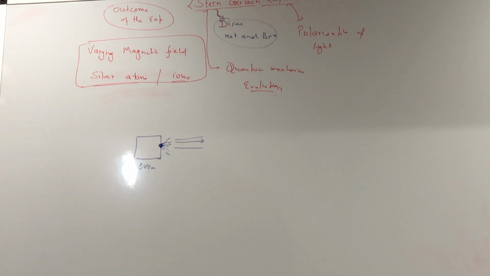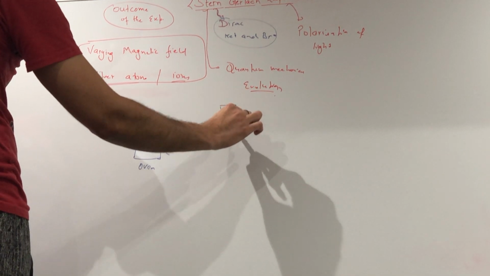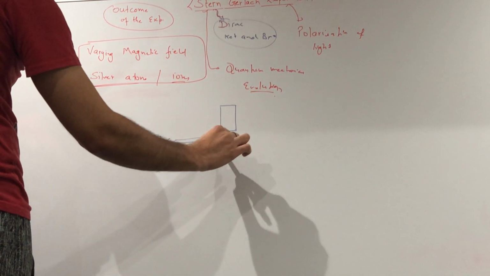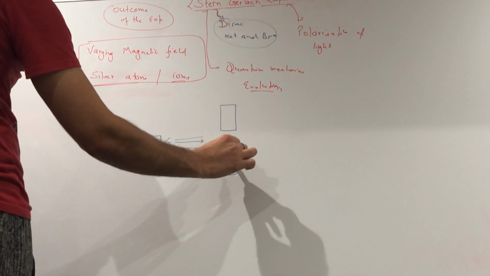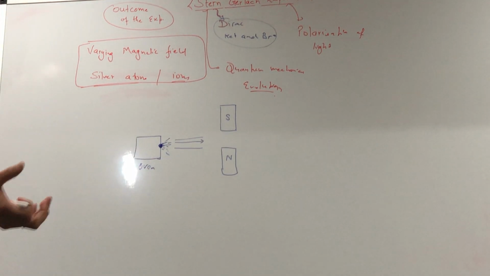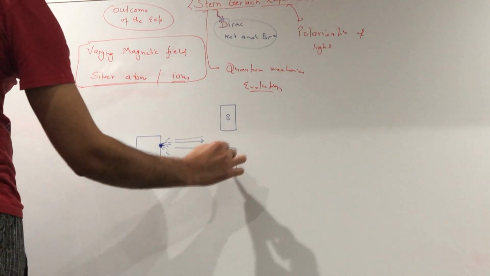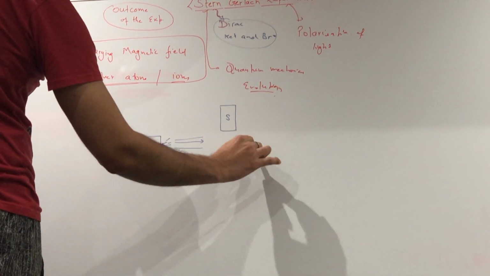And this fine beam is allowed to pass through a magnetic field which is not uniform, or we call that magnetic field inhomogeneous magnetic field. I will write it here.